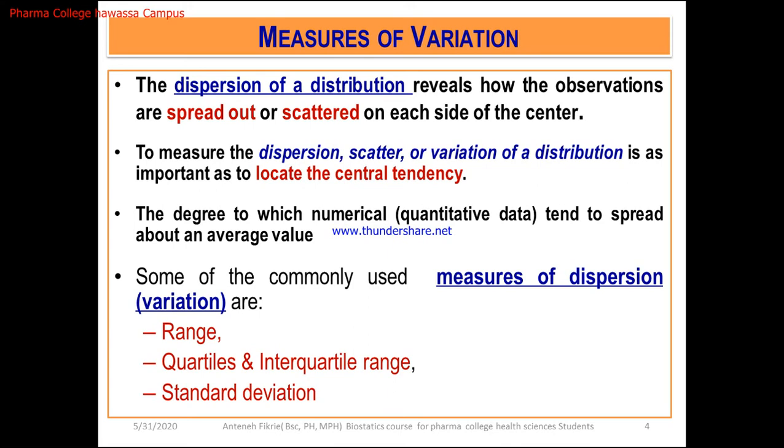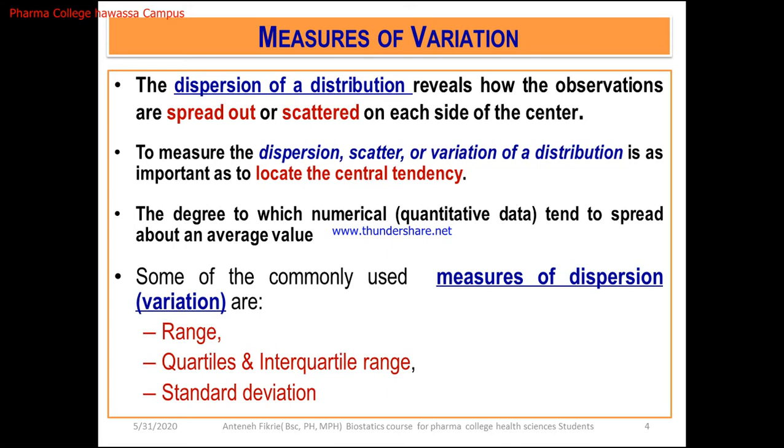So we need to summarize our data in the form of central tendency as well as in the form of variation. For instance, if you summarize your data using the mean as a central tendency, at the same time you need to use the standard deviation from the measures of variation. The standard deviation tells how each observation has been scattered or dispersed from their mean.